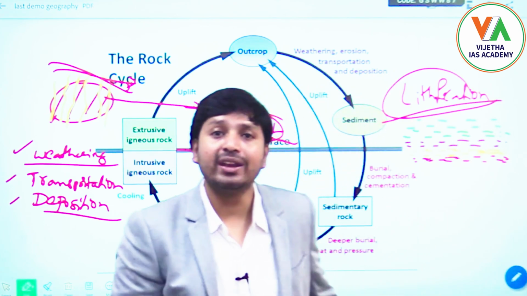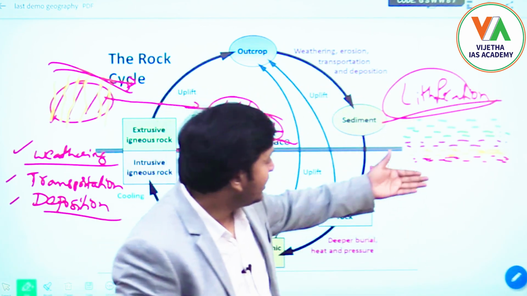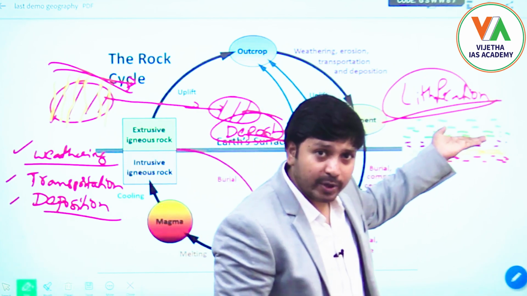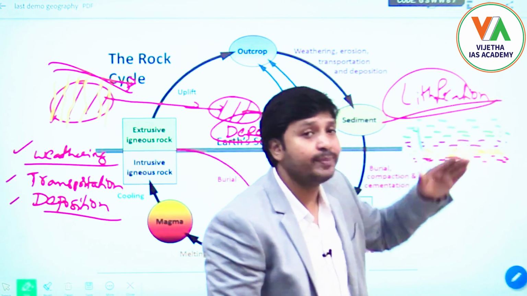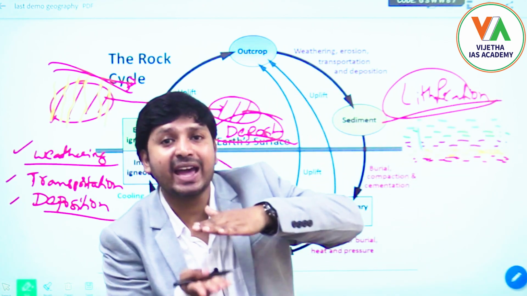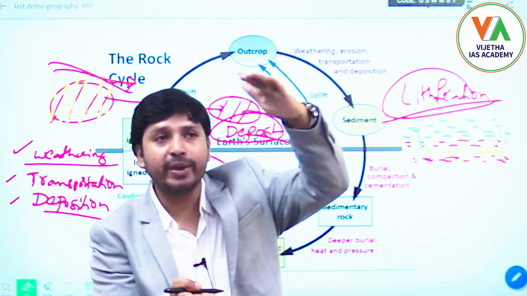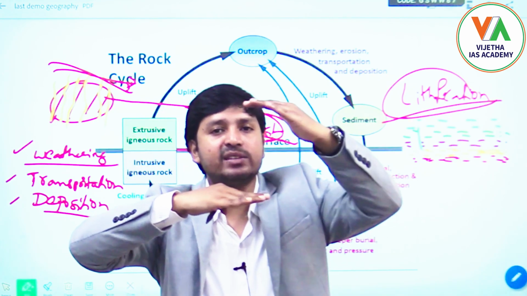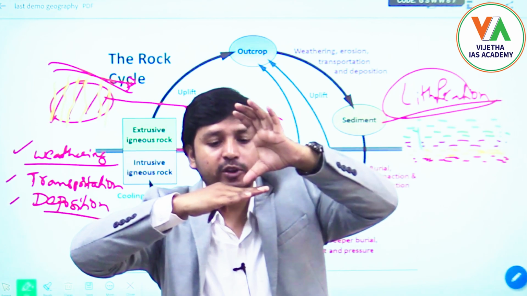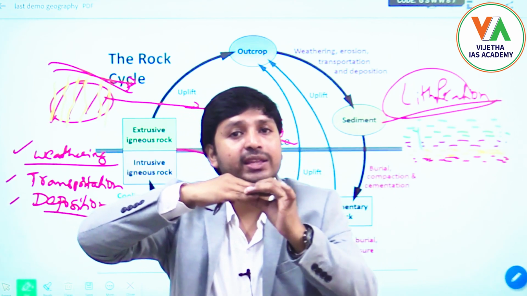So like this, layer by layer, different depositions will take place. With time, compression will take place because of the layers that have been deposited one over the other. The initial first layer is there, and above it 4 or 5 layers have been deposited. Because of the weight of these layers, the compression will occur more in the bottom layer.